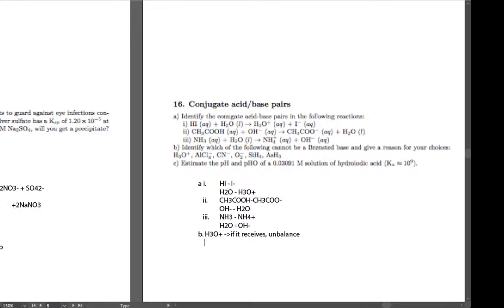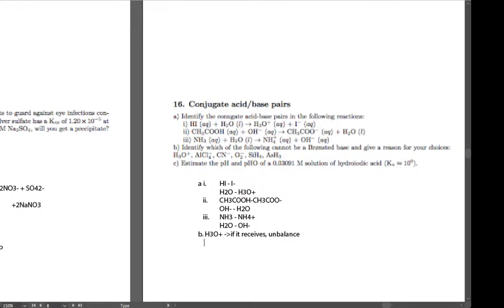Part 2, aluminum. I've already given up on how to actually pronounce these things. AlCl4 minus.